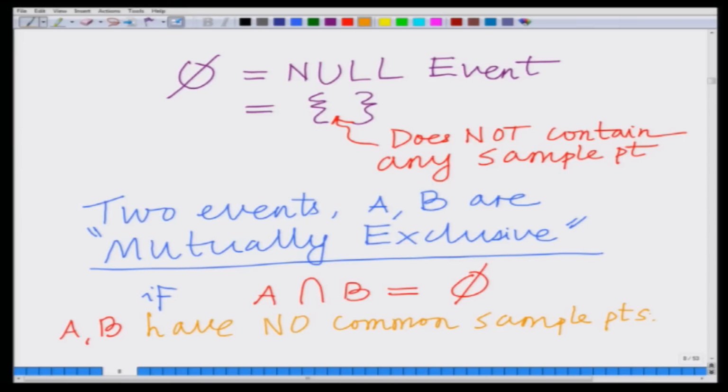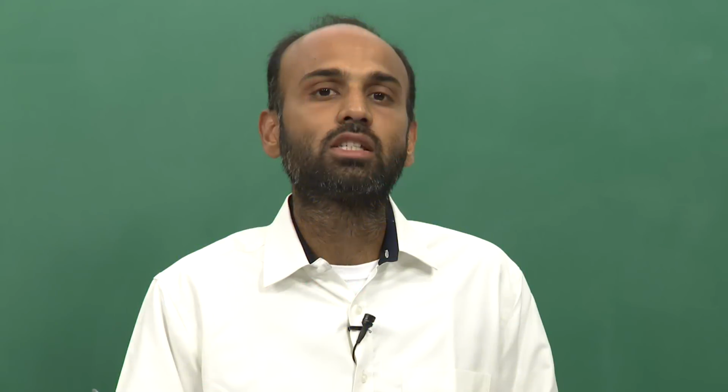That is, we can say that two sets, that is two events A and B, are mutually exclusive if A intersection B is the null event, that is A and B have no common sample points.